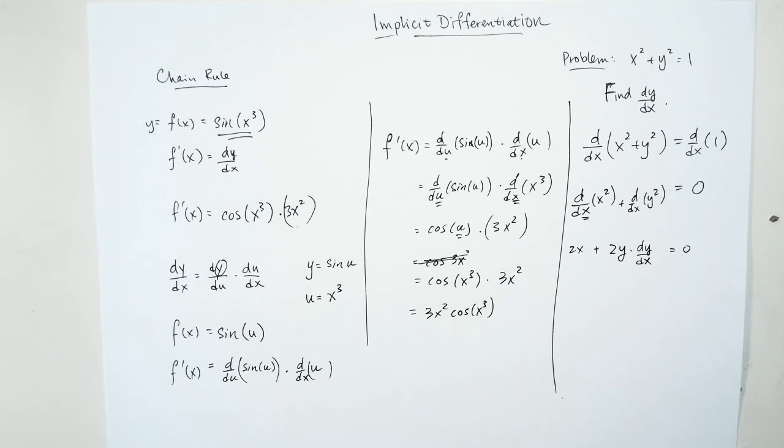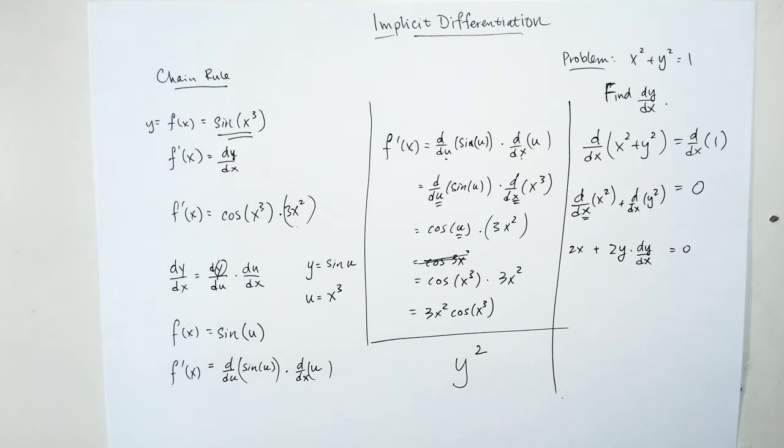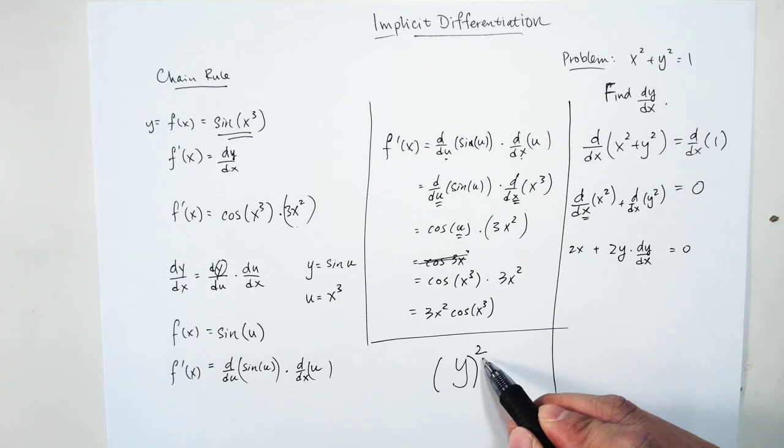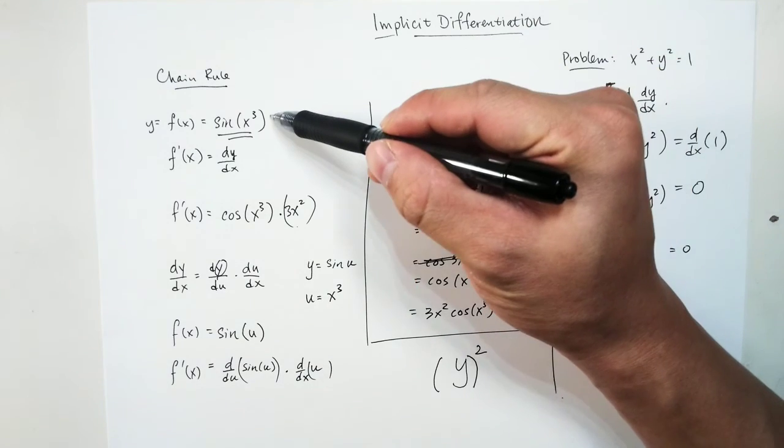Now, how can you see this better? Look at this y squared right here. I'm going to use the space over here. I want you to look at this y squared as if like this. I want you to see that there are two layers of function. We have the outer function, which is a quadratic function, and then y itself is a function, which is very analogous to this one right here.